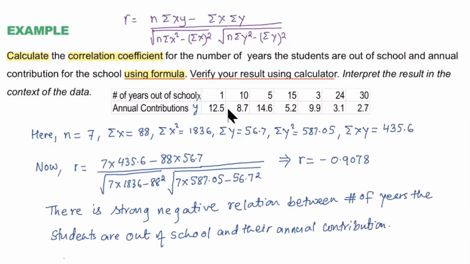And that is the interpretation, because we are asked to interpret in the context of the data. That's why we have to say there is a strong negative relationship between the number of years students are out of school and their annual contribution.